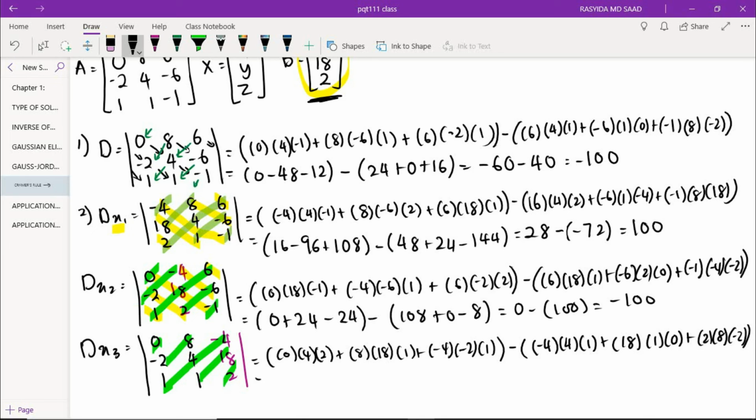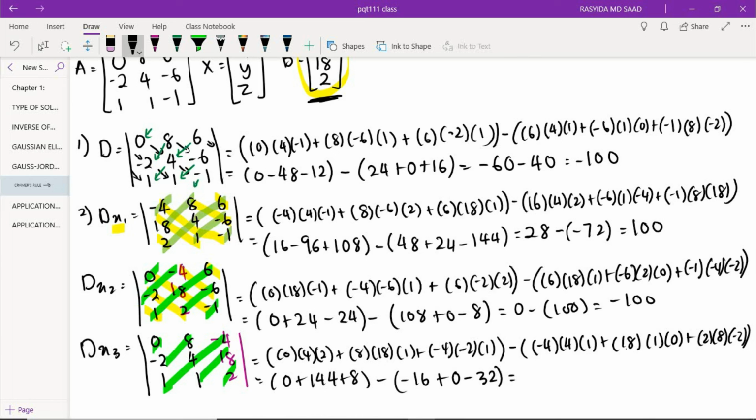Okay, this one will be 0 multiplied with 4, 2, of course it will be 0, and then plus 8, 144, then negative 4 times negative 2 will be 8. Okay, minus this one, negative 4 times 4, negative 16, plus this one, 18 times 1 times 0, 0, and then this one, 2 times 8 times negative 2, 4 times 8, negative 32.